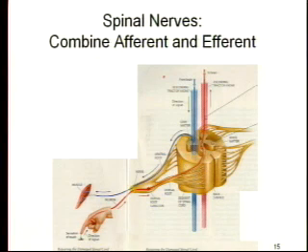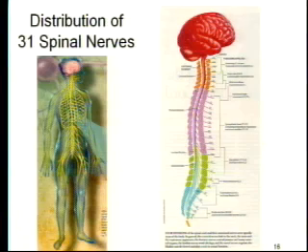Now, the other thing you have to see is the distribution. Notice the distribution of the spinal nerves, okay, which has two important properties. The first is that there is a regular distribution between the location of the spinal nerve and the part of the body that it serves.